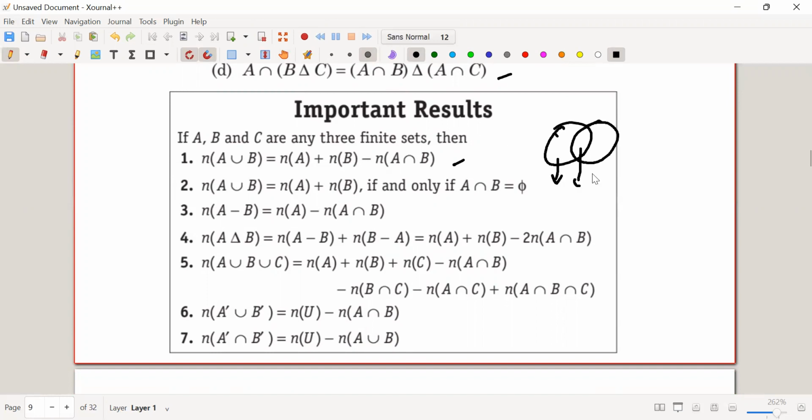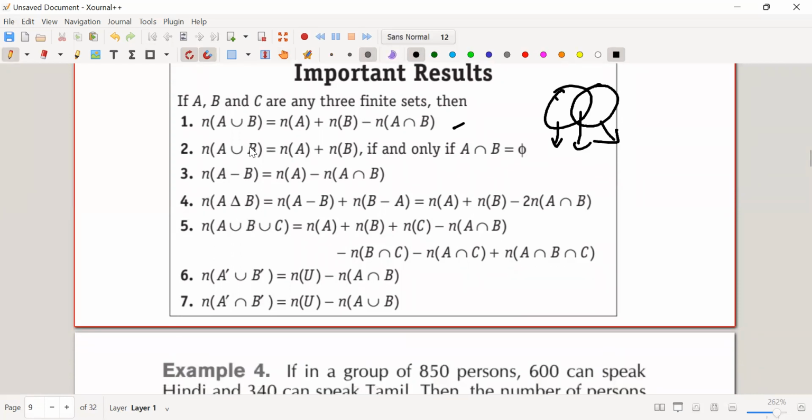For union, if we work with A difference B, B difference A, and intersection, you'll get results immediately. If there's a case study kind of question, if you work with this method, you'll get the answers immediately.